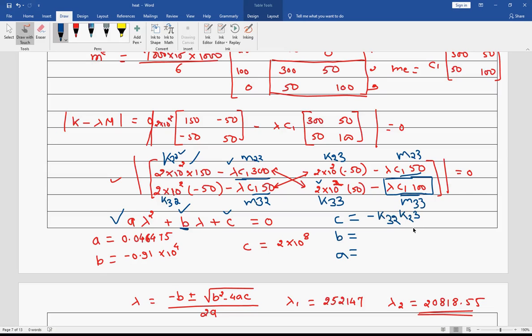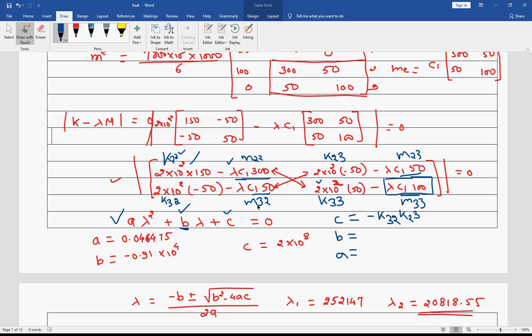This is contributing to C, and I have to subtract it. So C minus this, whatever the previous value is, from that we have to go for the subtraction.